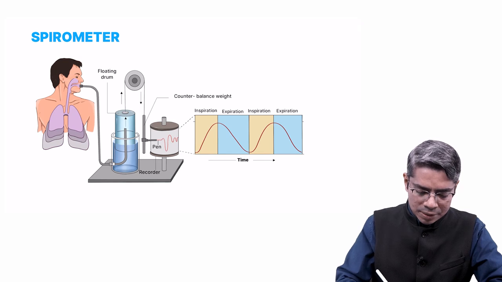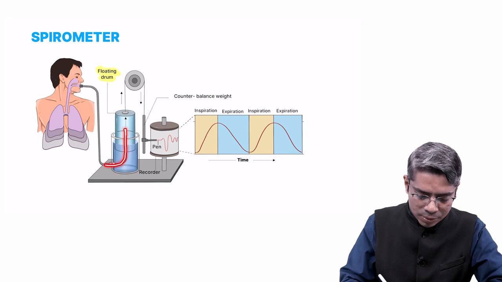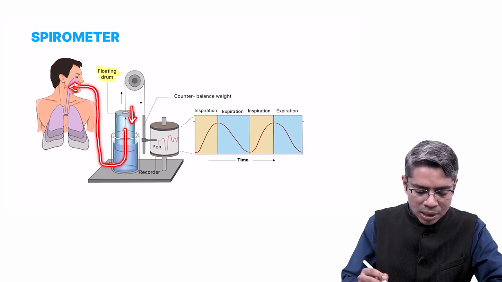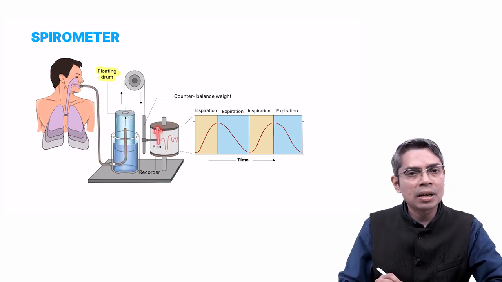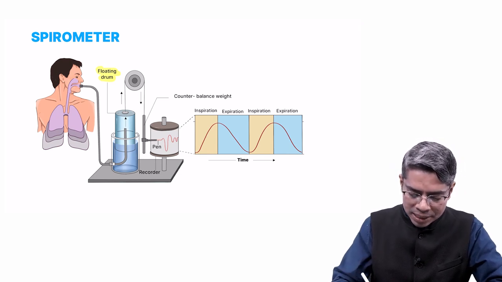So here it has been shown that this tube is connected inside this floating drum, so you can find here the floating drum. The tube is connected at the center of this floating drum. So whenever the subject takes inspiration, the drum will go in the downward direction and the pen will move in the upward direction. Look here, the recording has been shown on your right-hand side.